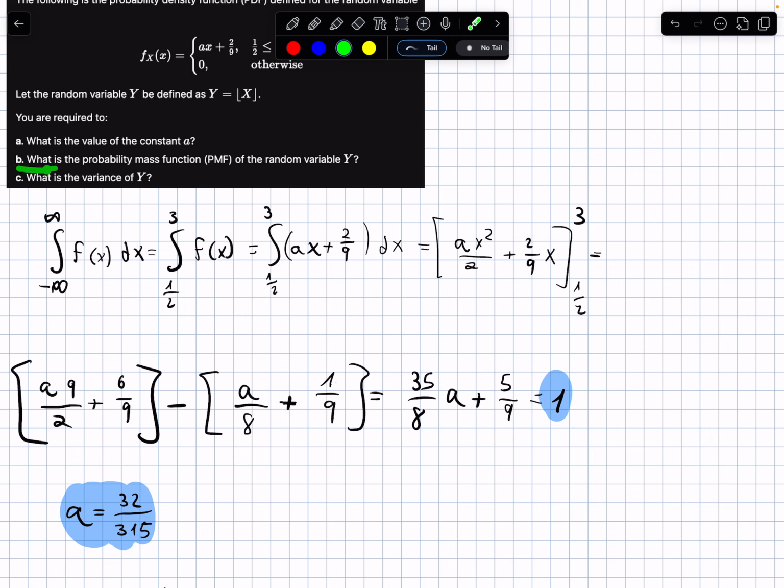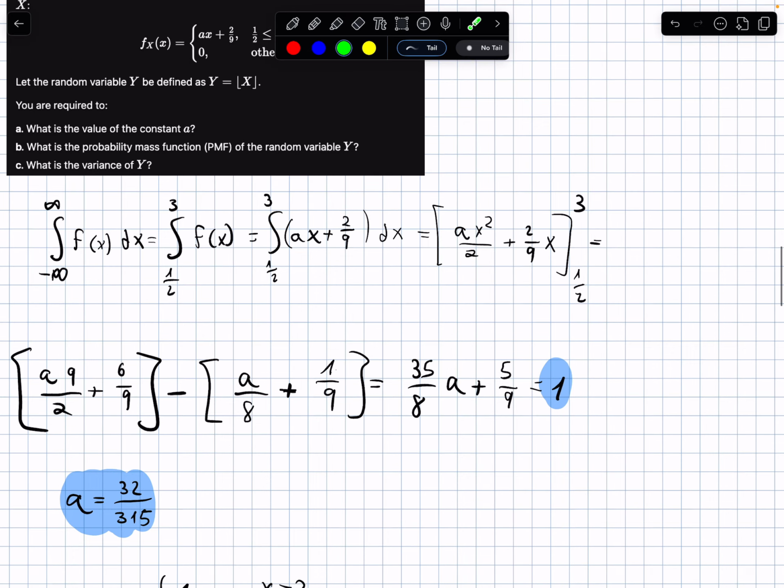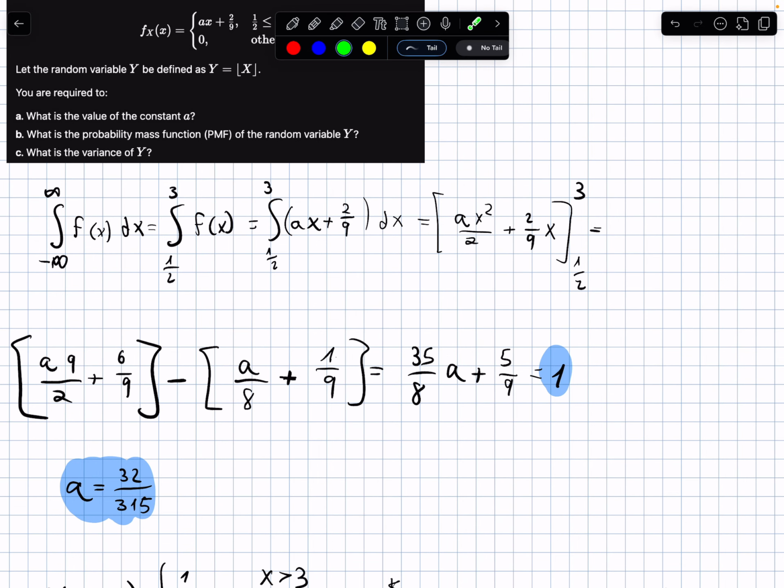Now for the second section, what is the probability mass function, PMF, of the random variable y? We're basically asking for one thing: what is the probability that y equals k, for each one of them?